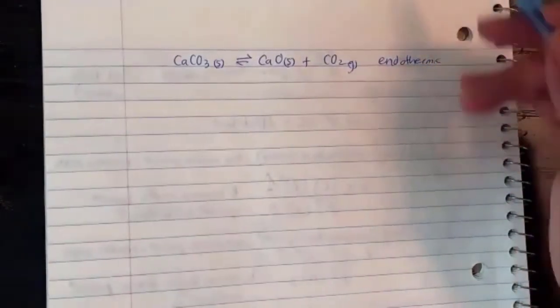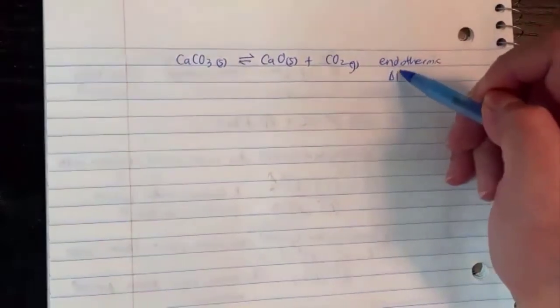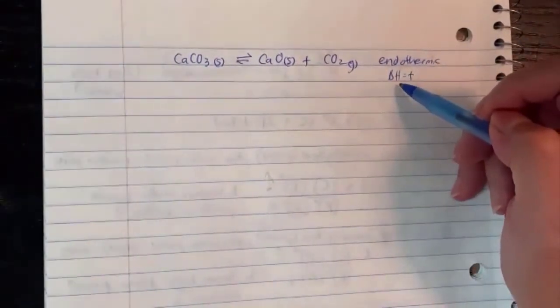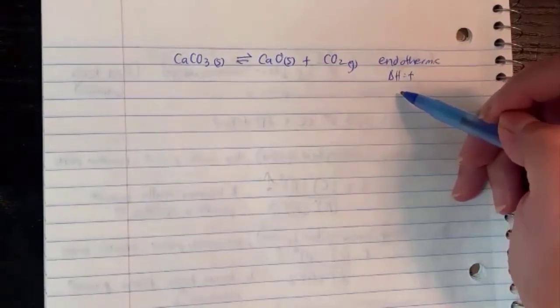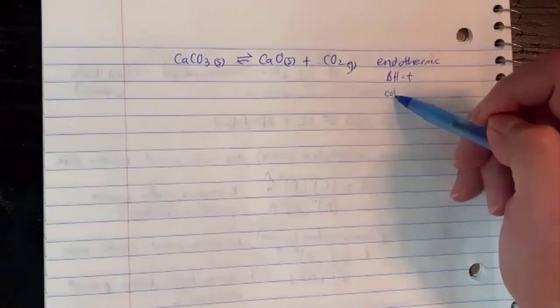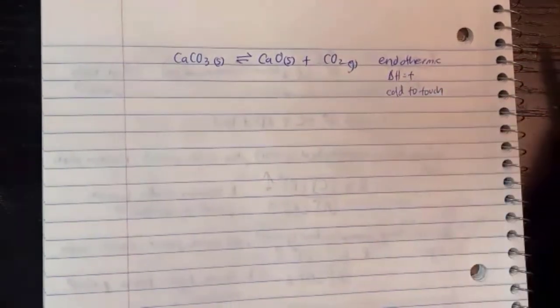What are the signs of endothermic? Endothermic means delta H is positive, remember? Another way they can hint at it is that it says the flask is cold to the touch. So these are the things that they'll tell you to tell you it's endothermic.